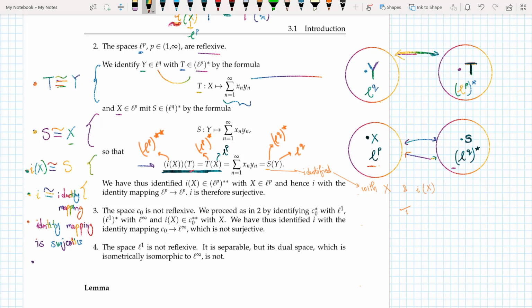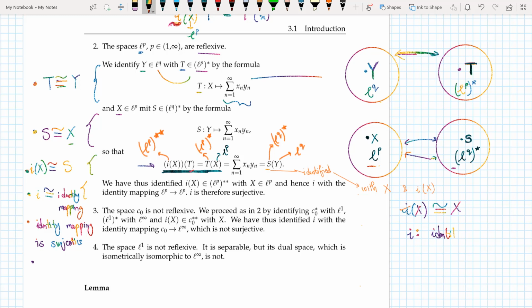So I of X can be identified with X. So eventually what happens is I of X gets identified with X, and thus I gets identified with the identity mapping.